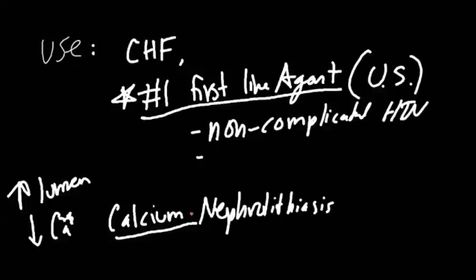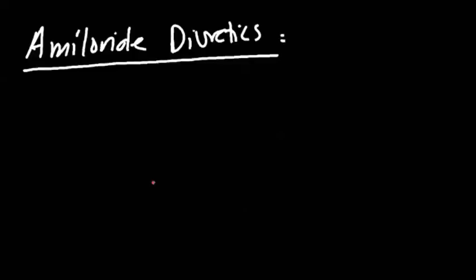Okay, so let's move on to a different type of diuretic. So let's begin our discussion with amiloride diuretics. So let's talk about the basics of the amiloride diuretics. We'll talk about its mechanism of action. So what is it basically doing?